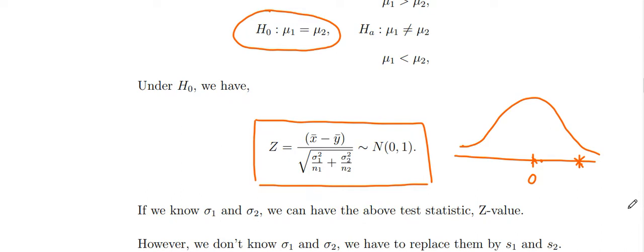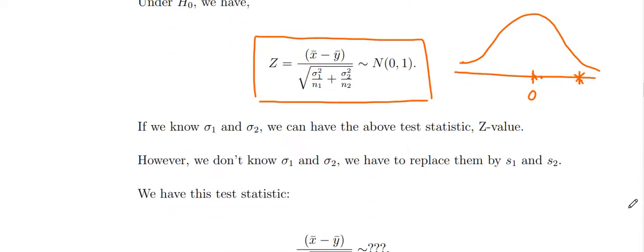But the question is, we don't know sigma 1 and sigma 2. Sigma 1 and sigma 2 are population standard deviations, so we don't know them. How can we solve such a problem?